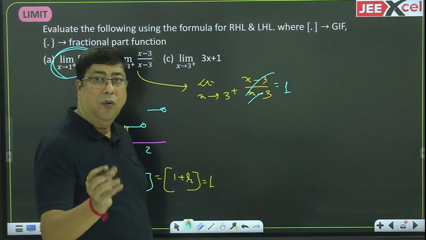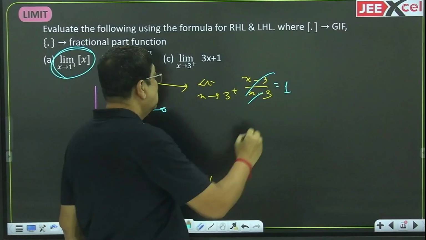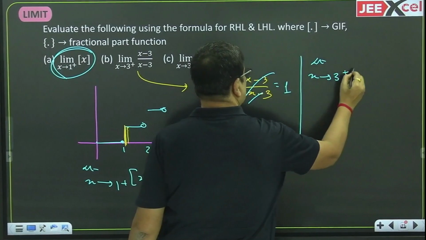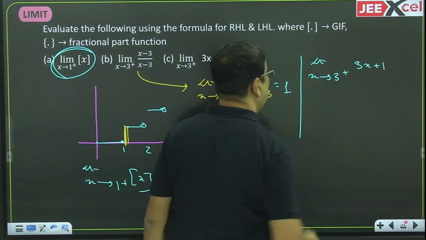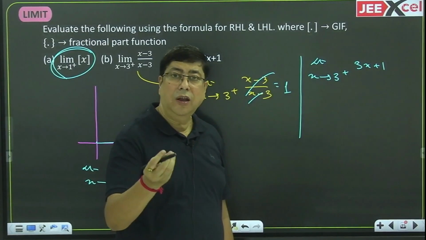Moreover, limit x tends to 3 plus of 3x plus 1. What will we do here? First of all, this is the equation of a straight line.